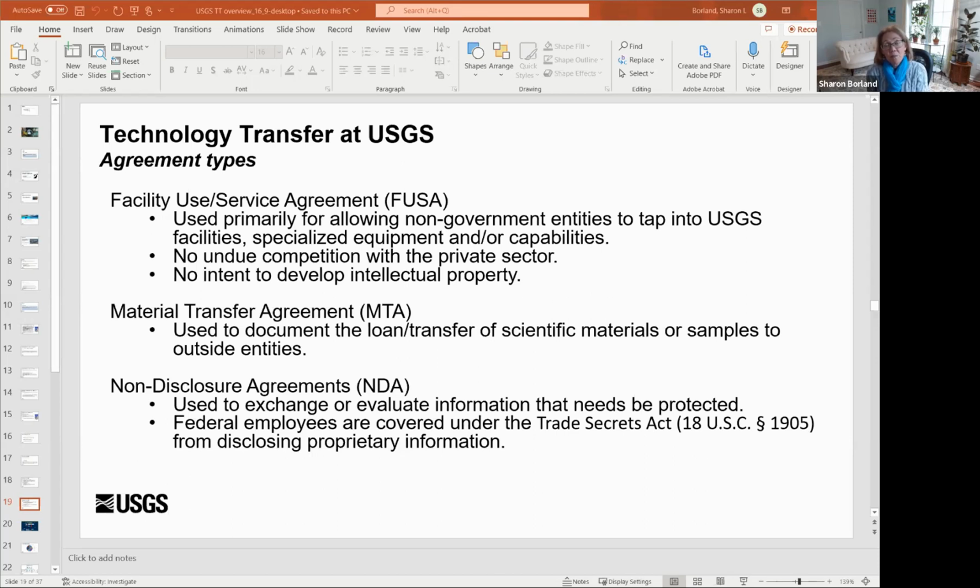And at the end of the project, you can actually transfer title to that equipment to the municipality, if there's no need for it.